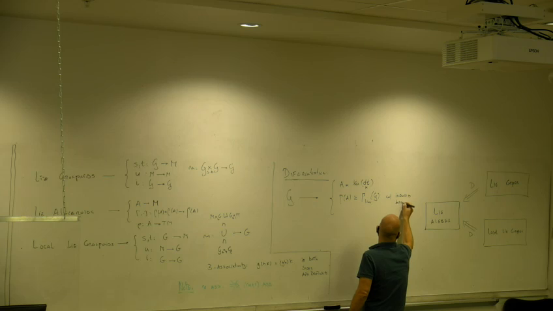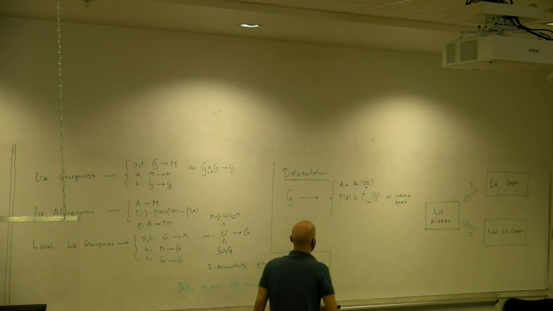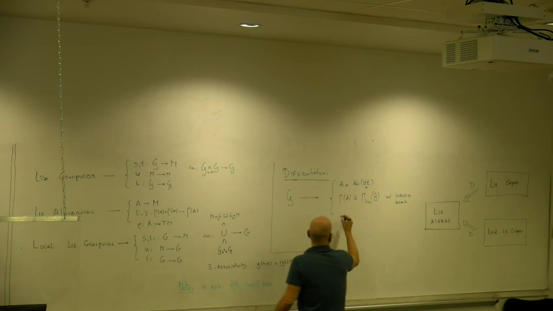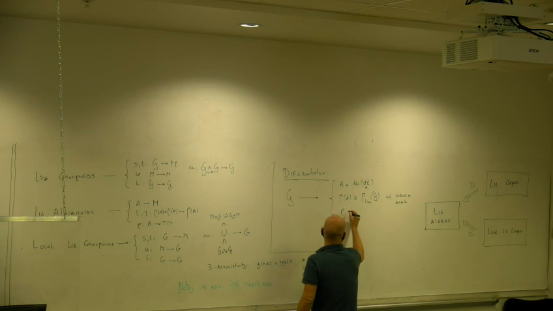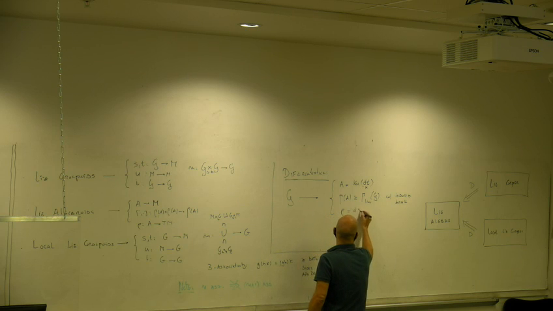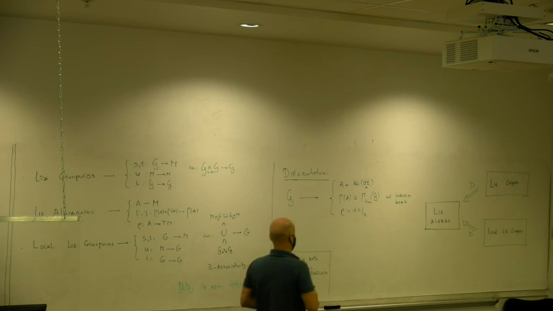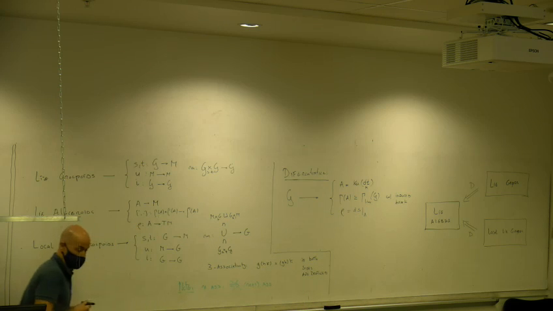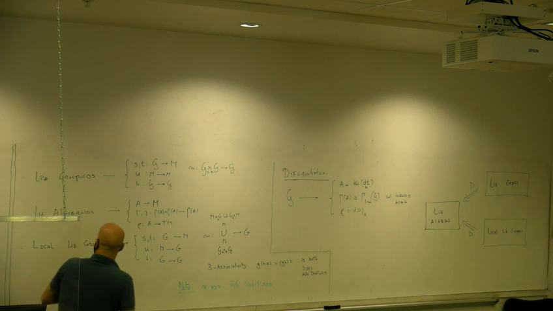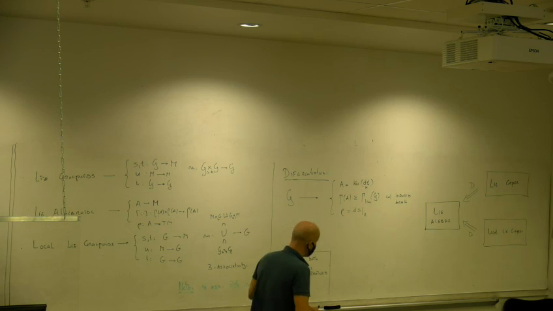The bracket of left invariant vector fields is a left invariant vector field. We haven't used the source map in this, and in fact the anchor is the differential of the source map restricted to this. So that's the differentiation functor, and it makes sense both for Lie groupoids and for local Lie groupoids.